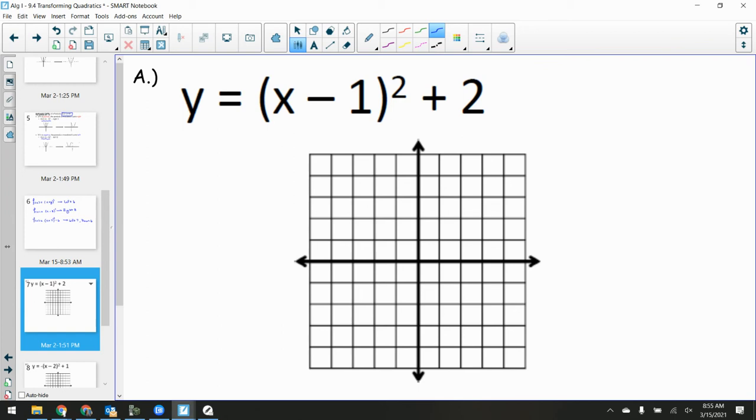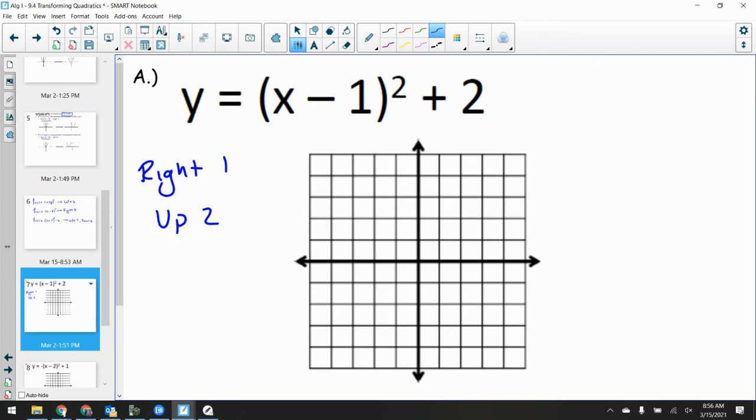Somebody tell me what the two transformations are. Right 1, up 2. Write that in there. Right 1, up 2.